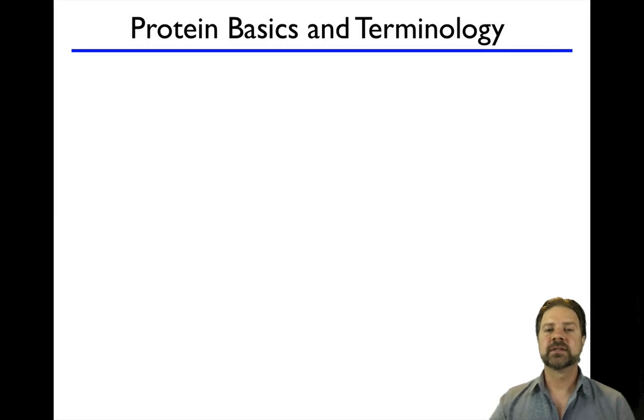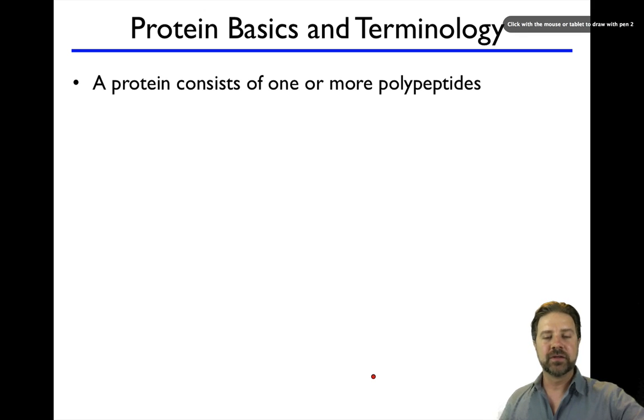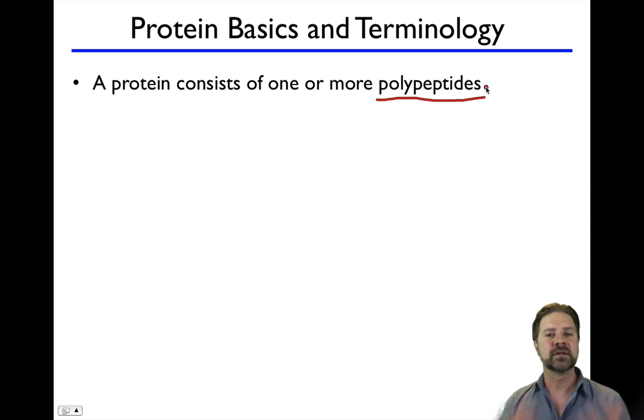All right, let's get into some protein basics and the terms that go with it. First, proteins consist of one or more polypeptides. Now, I want you to think of the term polypeptide kind of how you thought of polysaccharides when we were talking about carbohydrates. With a polysaccharide, we had a single simple sugar monomer, and it was connected to a whole bunch of other ones.